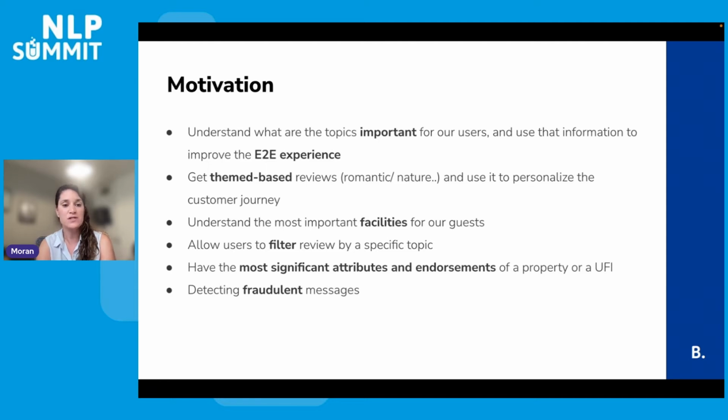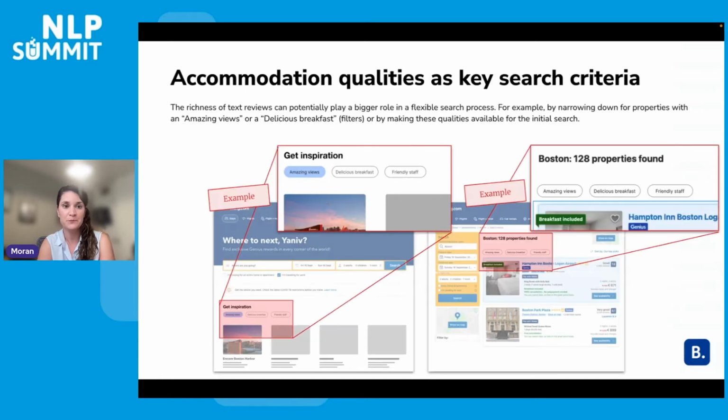Another use case is detecting fraud messages. For example, there are some fake properties trying to take bank details of the users. So we want to identify this kind of topic as well, and sexual abuse or violence in reviews, and to moderate it.